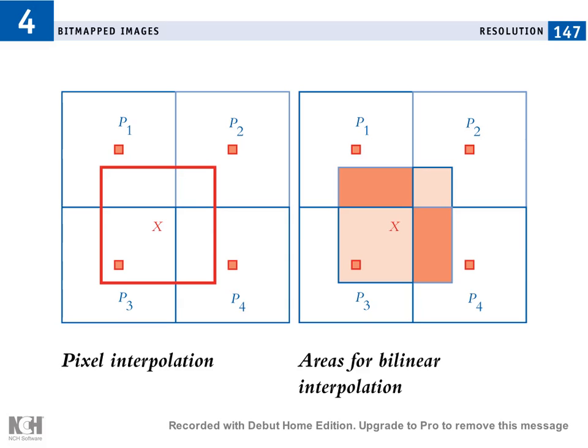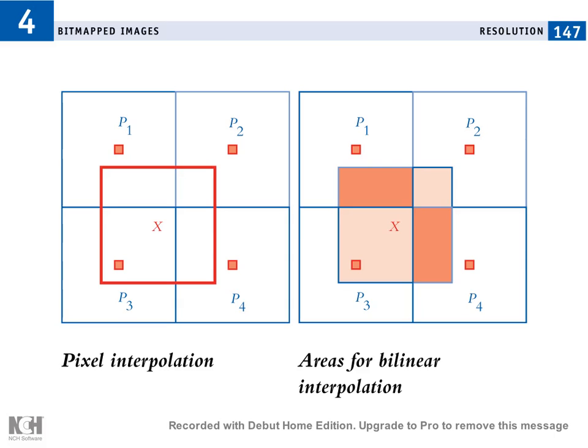Here is the bilinear expression. You see the x here. Here we have something different. You can generate areas, and the areas can be treated as weights. If the area is larger, it means the pixel is closer. So the color of P3 will contribute more weight to generate the color for x.